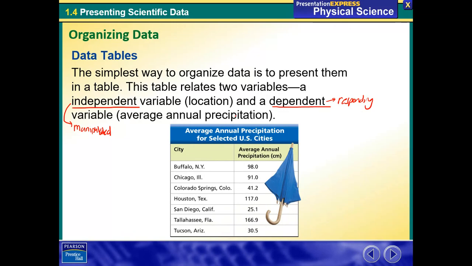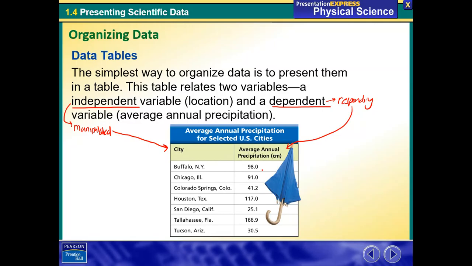So here we have a data table. Typically, your first column is going to be your independent variable. So here we see that our location or city is our independent variable or manipulated variable. This is what's changing. And then our dependent or responding variable is typically going to be in the second column.